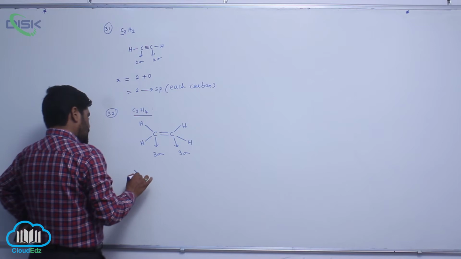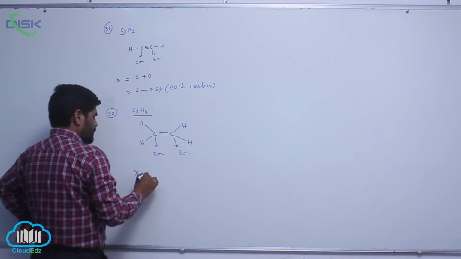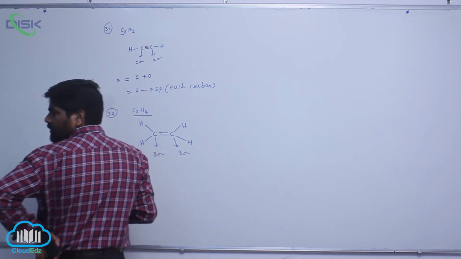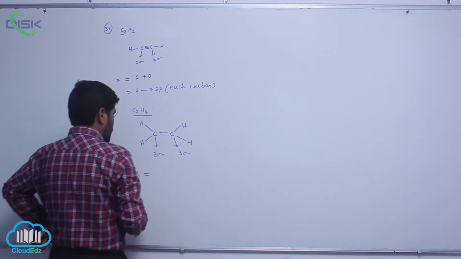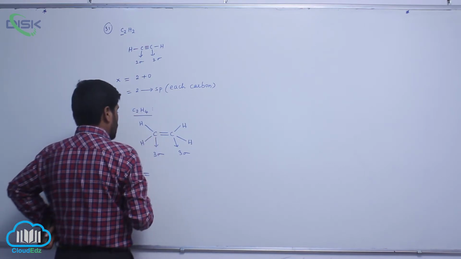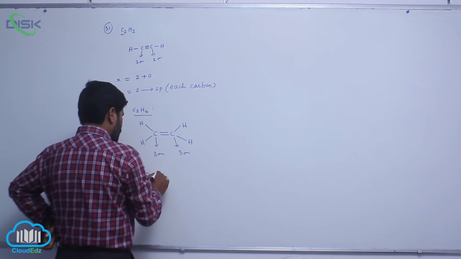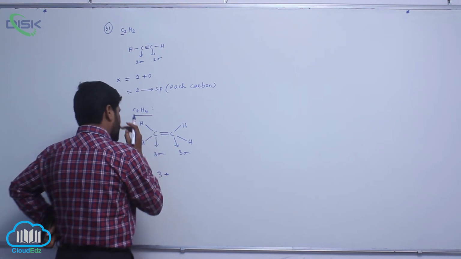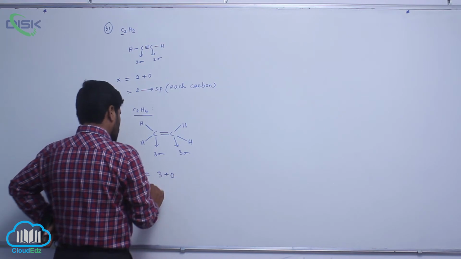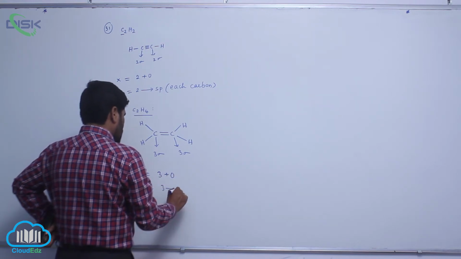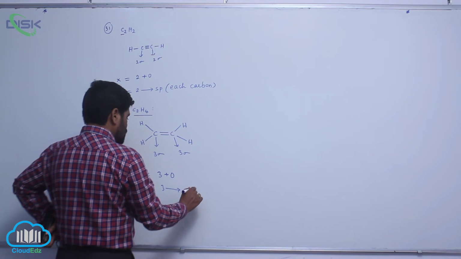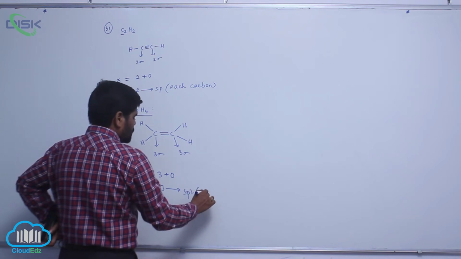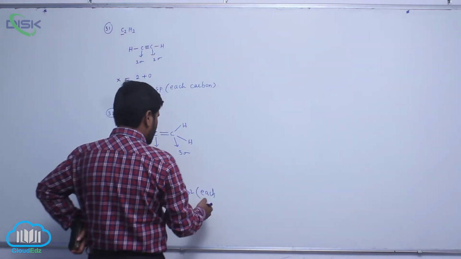So X equals number of sigma bonds around each carbon 1, 2, 3, no lone pair of electrons around each carbon 0, so therefore 3. Hybridization is sp2 for each carbon.